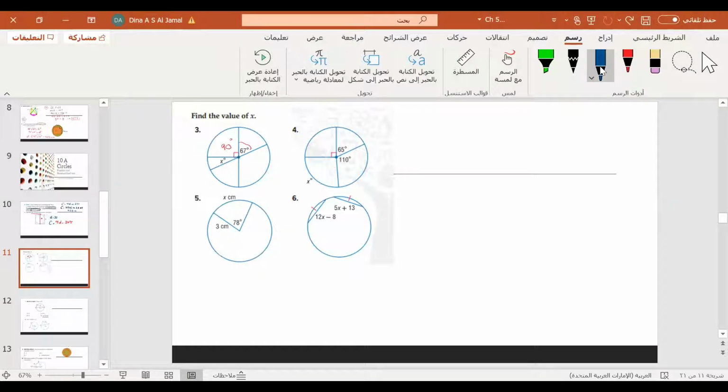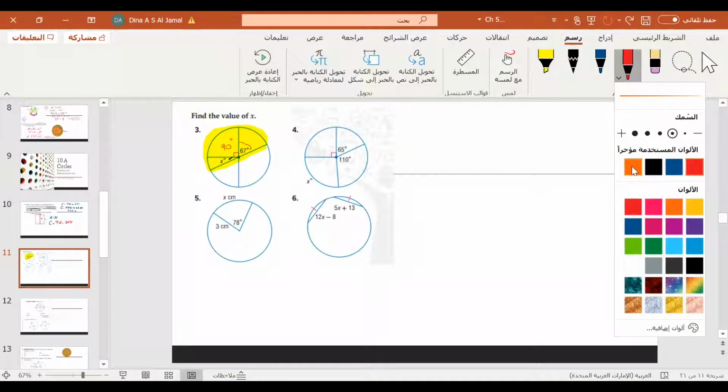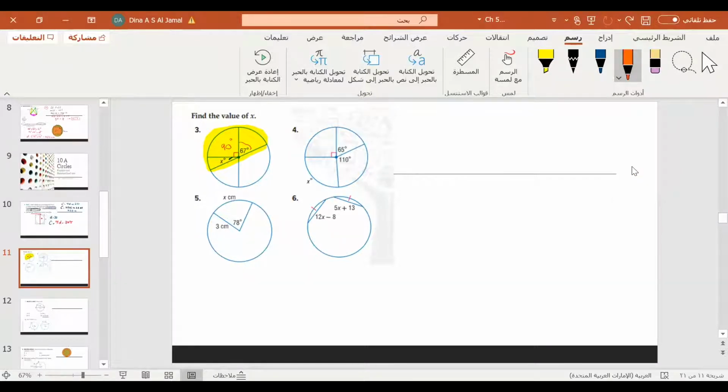And he's asking you about this measurement. So let's focus on the diameter itself. Over this diameter, you will have your semicircle. That means the total angles inside this semicircle will add up to 180.